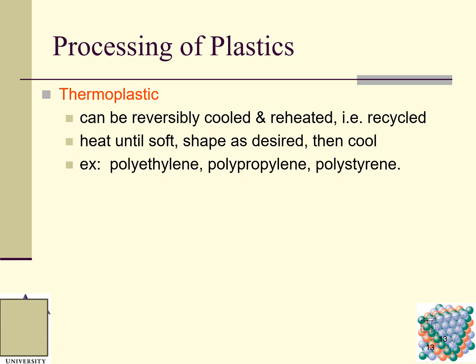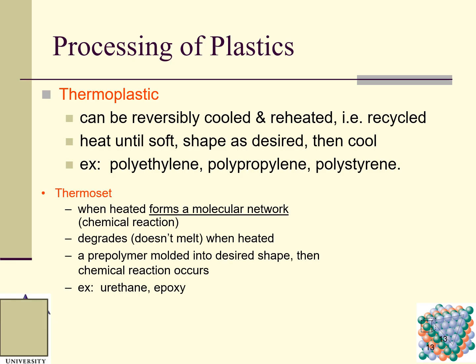And processing of plastics. Thermoplastic, we know thermoplastic and thermoset. Thermoplastic can be reversibly cooled and reheated, okay? Recycle, and heat until soft, shape as desired, then cool. For example, polyethylene, polypropylene, and polystyrene.